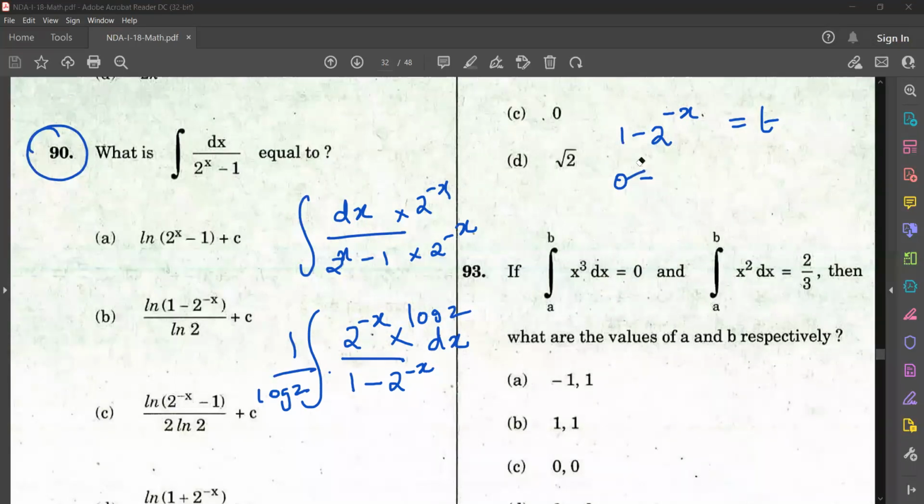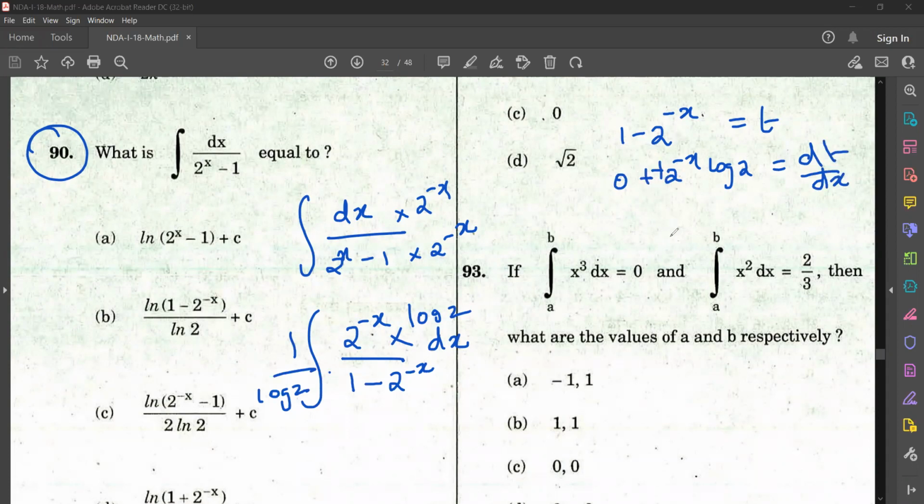So negative and negative will go as positive. 2 raised to minus x log 2, that is dt by dx. So that means 2 raised to minus x log 2 dx is equal to dt.